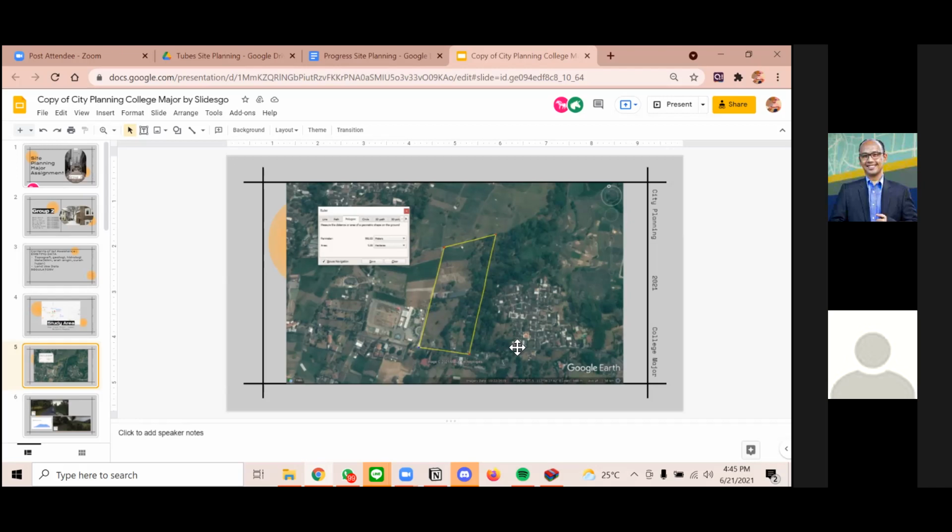So in this case, you should at least generate a topographical map or a contour map, because right now you guys are just describing to me that the site is steep. It is located above so and so above sea level.